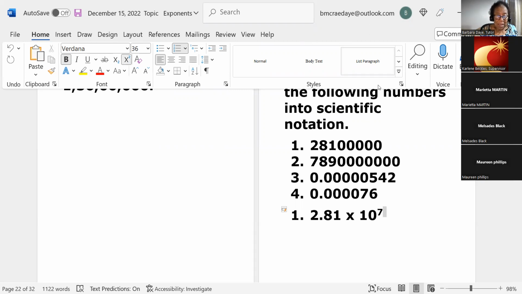Now, in that case, Marietta could do number 2 then. What's number 2, Marietta? 7.89. 7.89 times the base 10. What's the power? How many places you moved it?